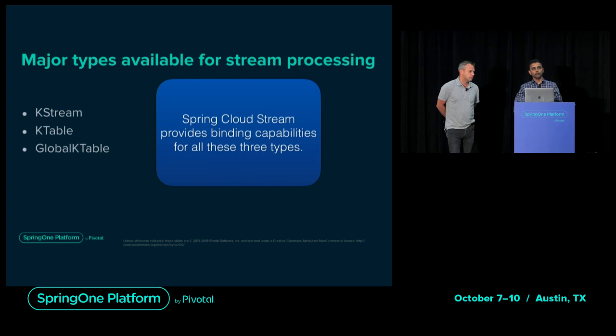Let's say you have one topic with 50 partitions, and you want to run 10 instances of a consumer. The way Kafka Streams is designed, if you define your type as KTable, you only get data from a certain number of partitions. But they also expose another type called GlobalKTable, in which you can get all the data.